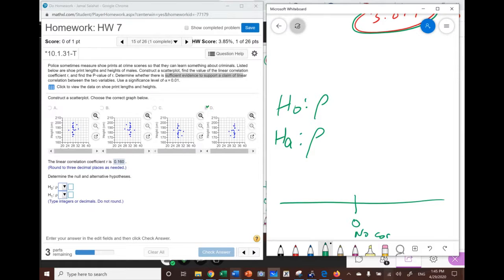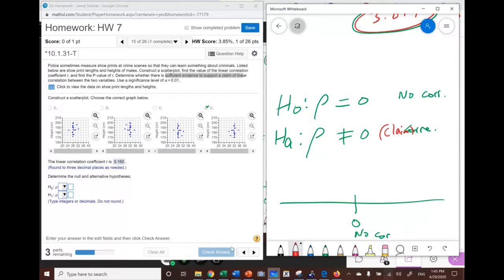So if we assume it is 0, there is no correlation. If you assume it's not 0, there is a correlation. So our claim will be statement 2.